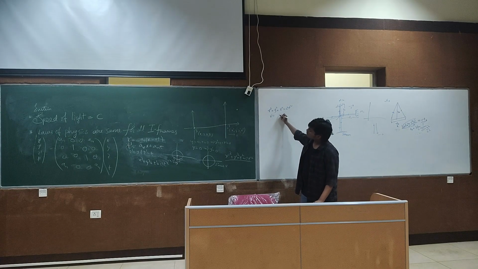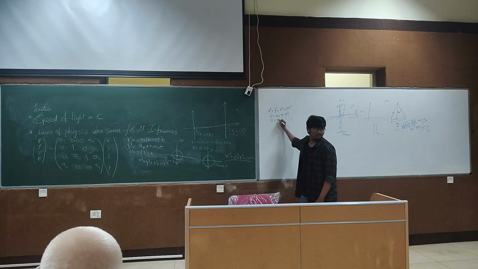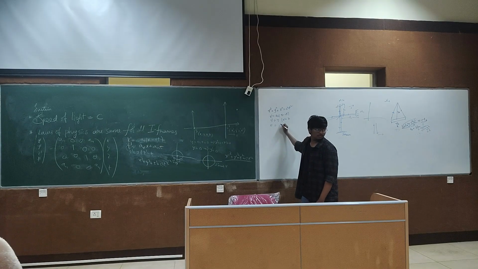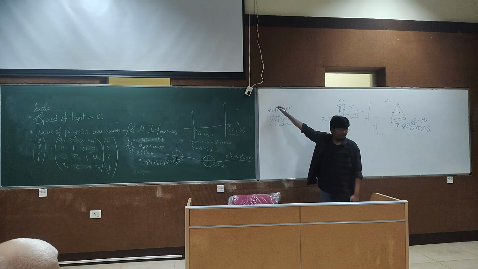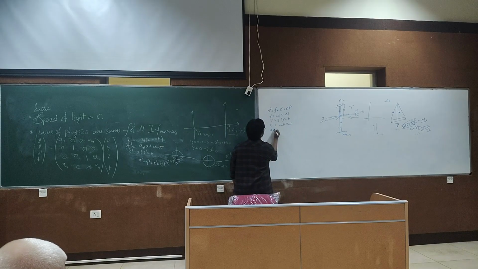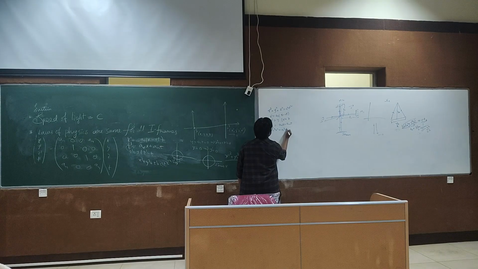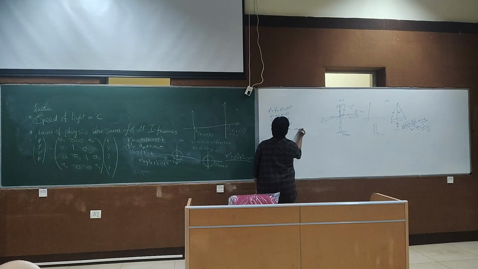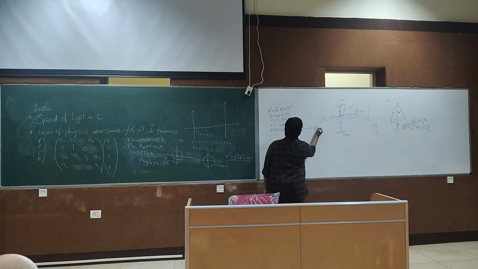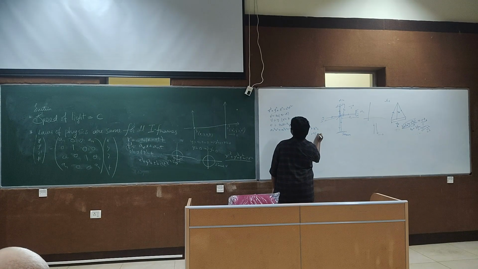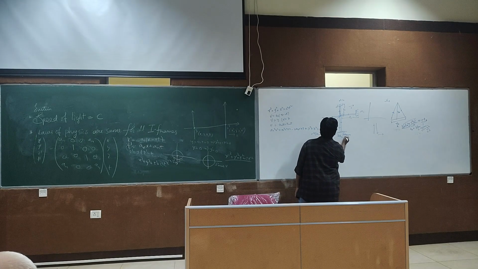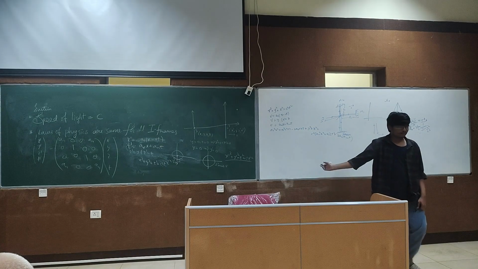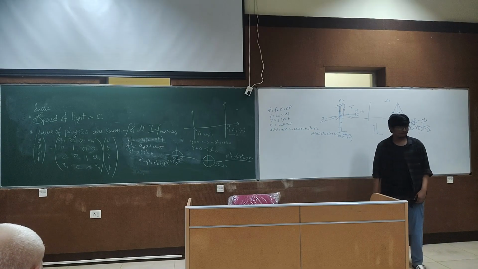X prime is given by a11 x minus vt, y prime equal to y, z prime equal to z, t prime equal to... If you insert this in that, a11 square x square plus a11 square v square t square minus 2 a11 v x t plus y square plus z square equal to c square into f11 square x square plus... Fine.